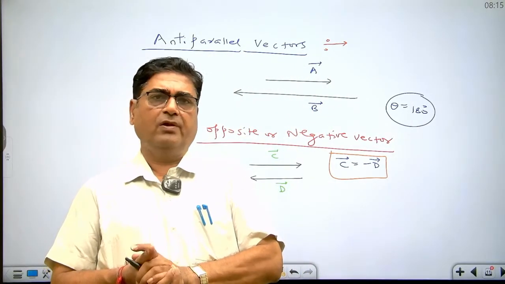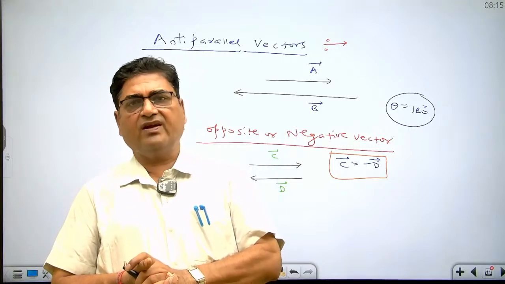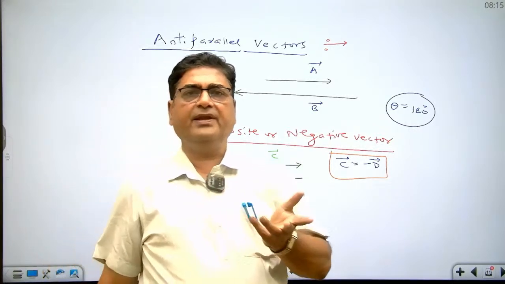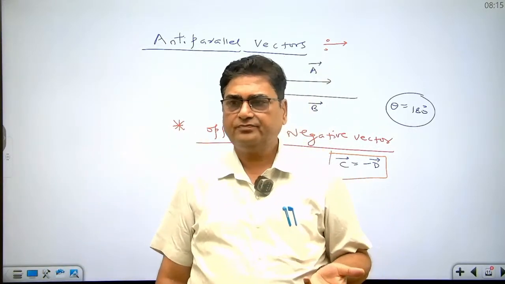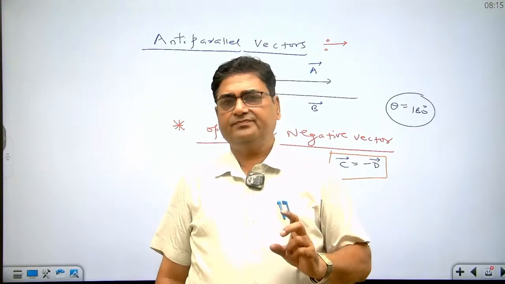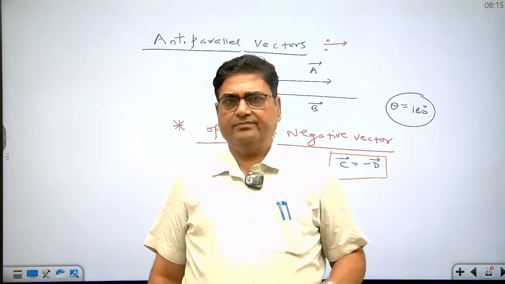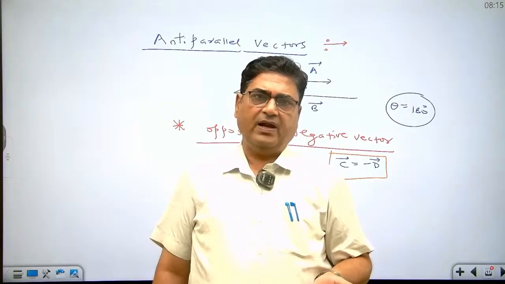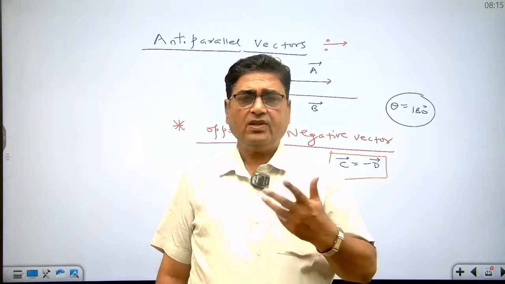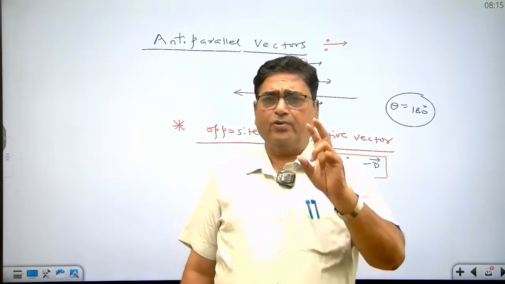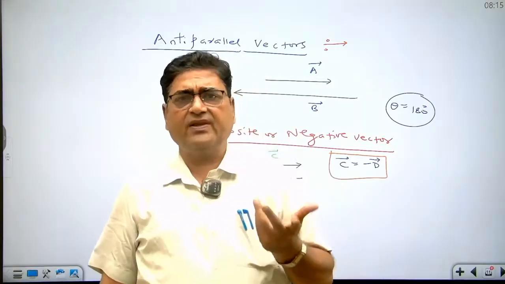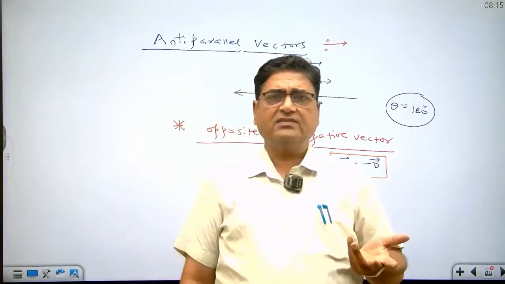Now we will be looking at position vector and displacement vector. As the name indicates, what is position vector? Any vector that indicates the position of a particle at a given instant is called position vector. The position vector depends on the reference frame chosen. And what is displacement vector?